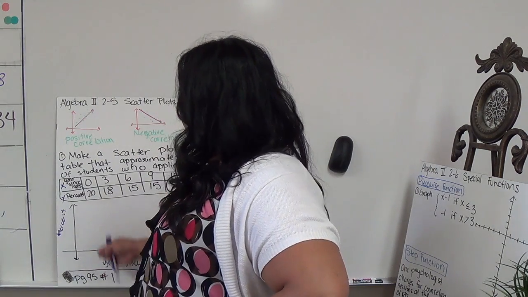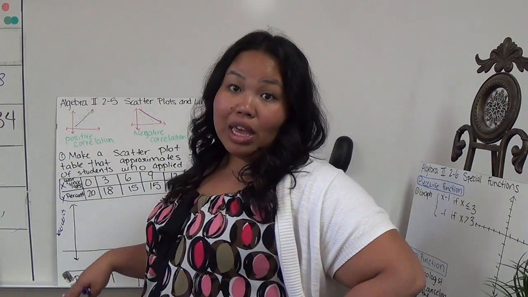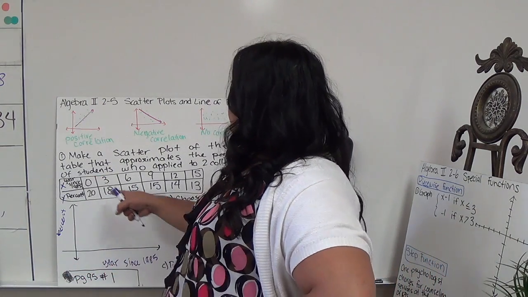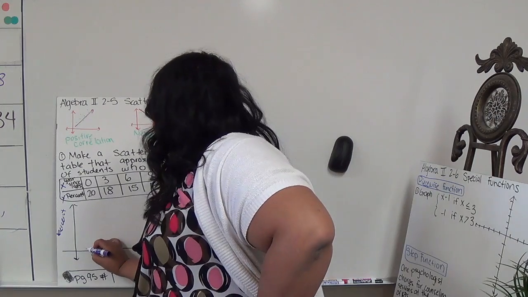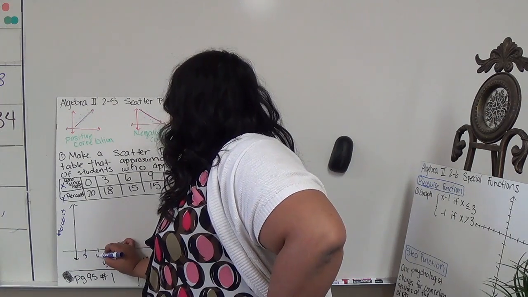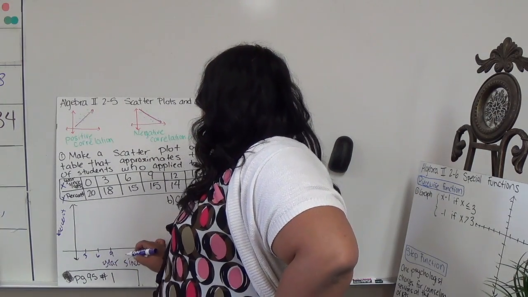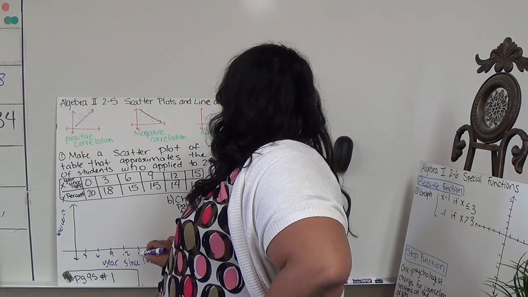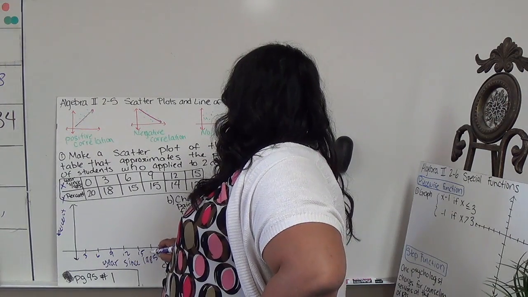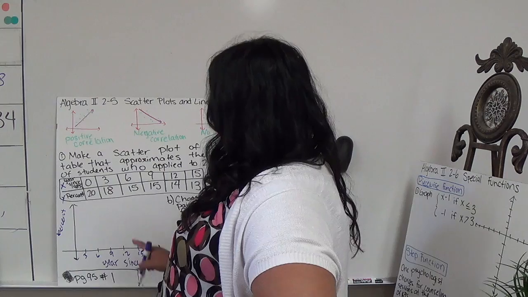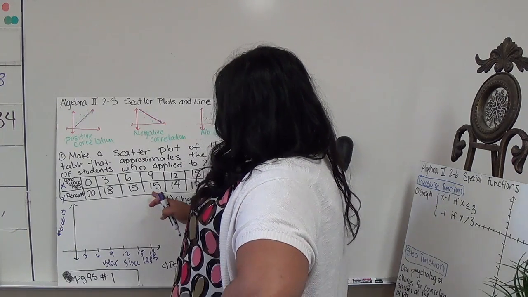Okay? Now, the top and bottom can go on different patterns, but they have to go at a pattern. So these ones go by 3s, it seems. So we're going to go 3, 6, 9, 12, 15, 18. The bottom is 20, 18, 15.